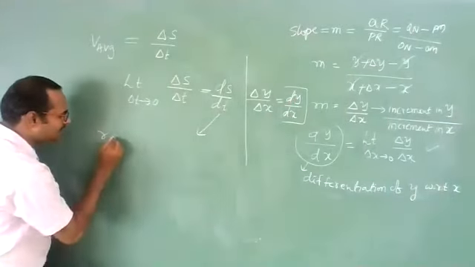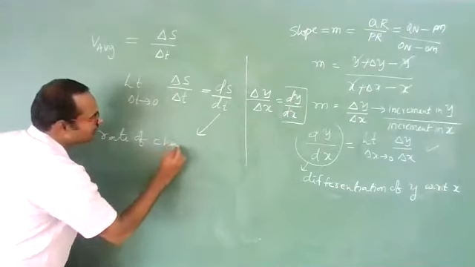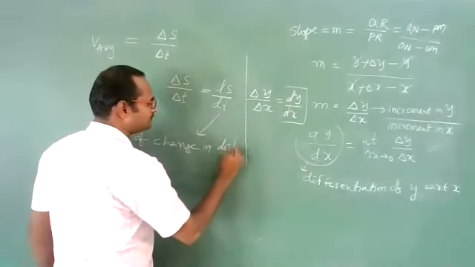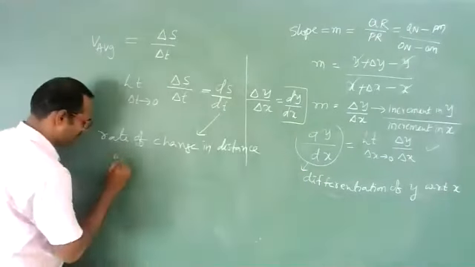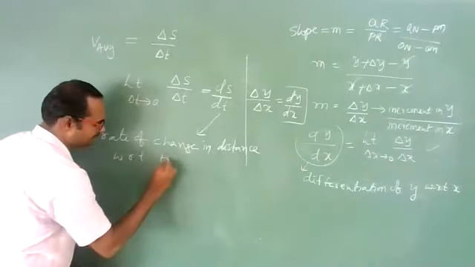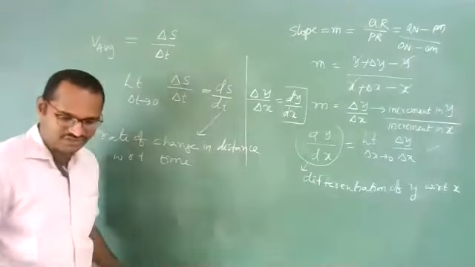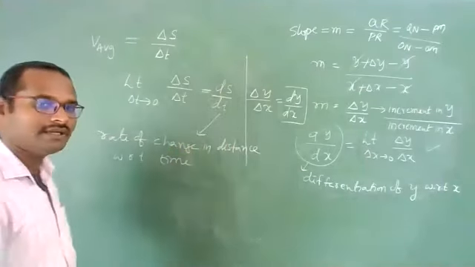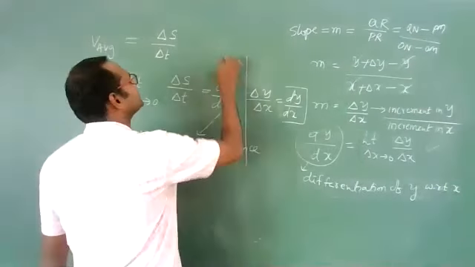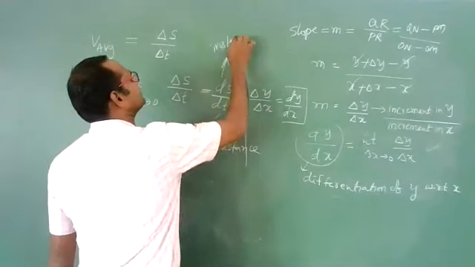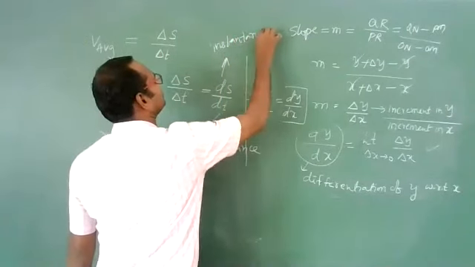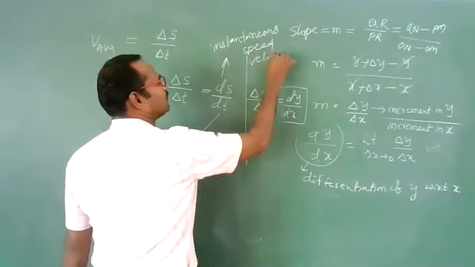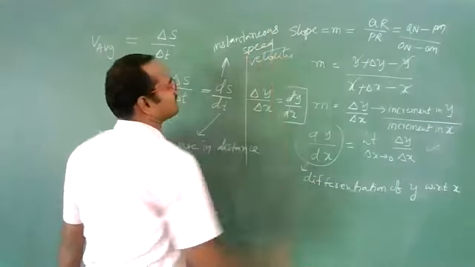This is called the rate of change of distance with respect to time. How distance is changing with respect to time is called the instantaneous speed or velocity, whatever you call it, if it is straight line motion.